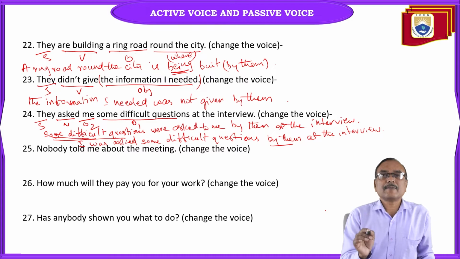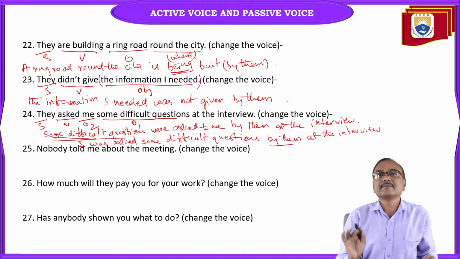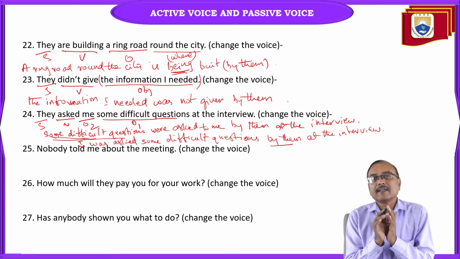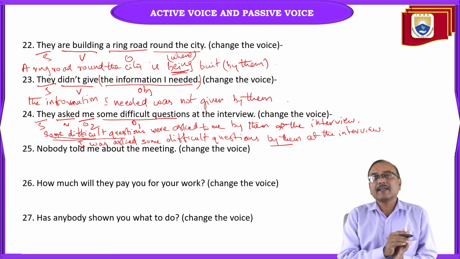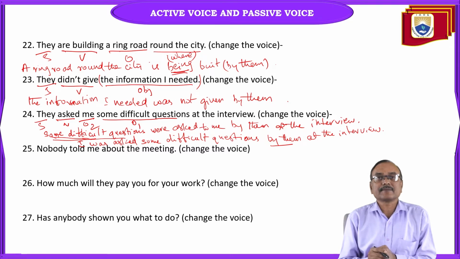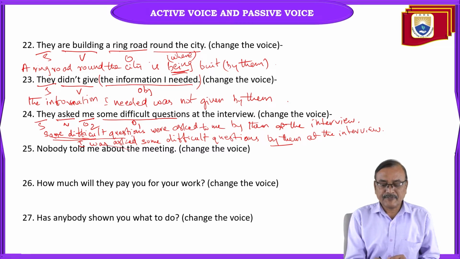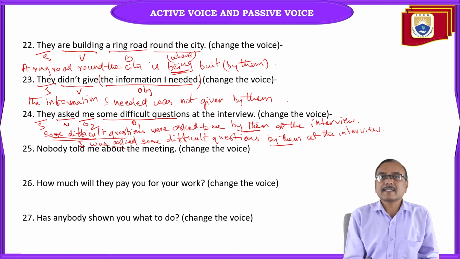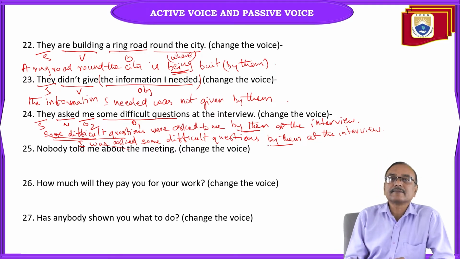So first with the help of direct object you prepare one sentence in passive voice. Then with the help of indirect object also you can prepare another sentence in passive voice. Like this: Some difficult questions were asked to me by them at the interview. By them not necessary. Or I was asked some difficult questions at the interview. Okay?